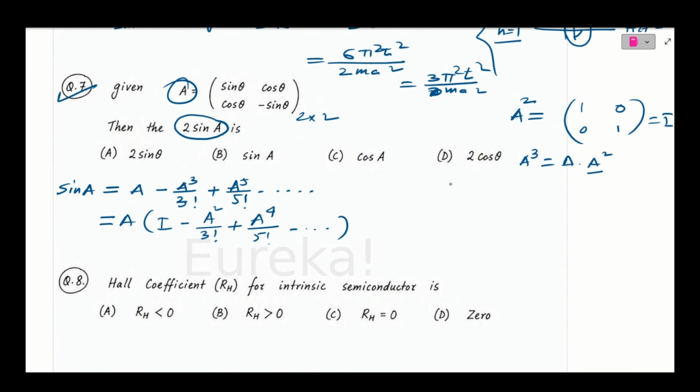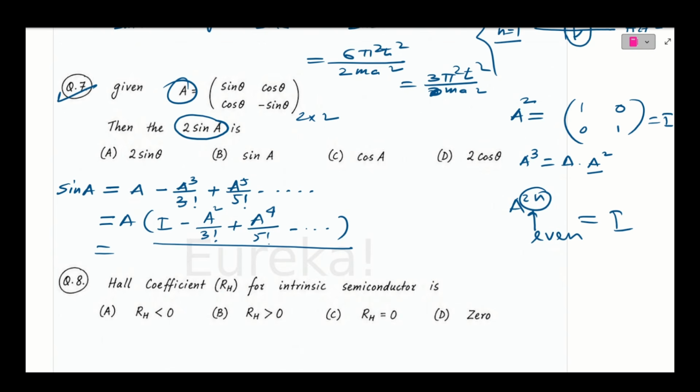Now a squared is nothing but what? Identity matrix again. A to the power 4 also identity matrix, that means a to the power 2n term, that is only the even term, all gives us identity matrix. Fine. So here this is the series of identity matrix.